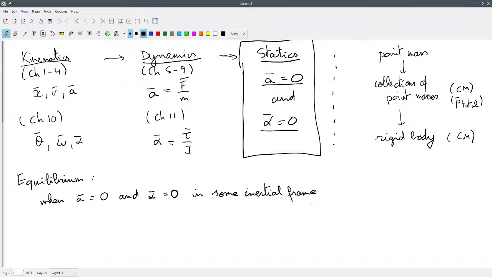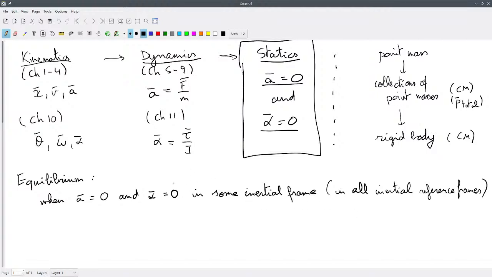Usually it's not going to be that hard to find that inertial reference frame. If this is true in some inertial reference frame, then it's actually going to be true in all inertial reference frames. But usually, of course, we'll pick the reference frame that is most clearly associated with the object.